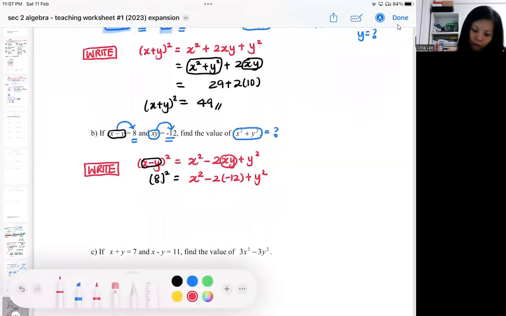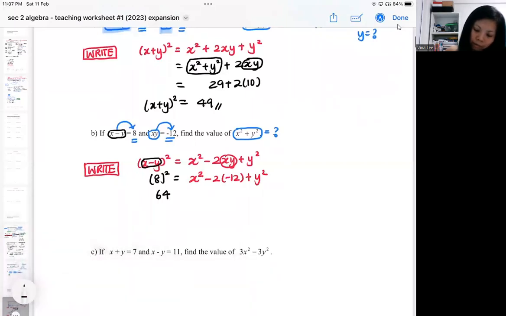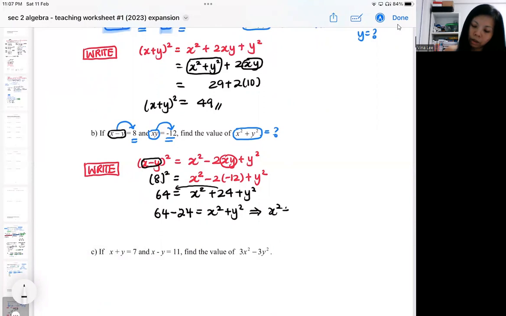So you reshuffle them carefully. You realize that you got this, and you just need to move over. And then you manage to isolate the x squared plus y squared. So eventually, x squared plus y squared is actually equal to 40. So you write down the formula first so that in any case, you might be able to reshuffle.